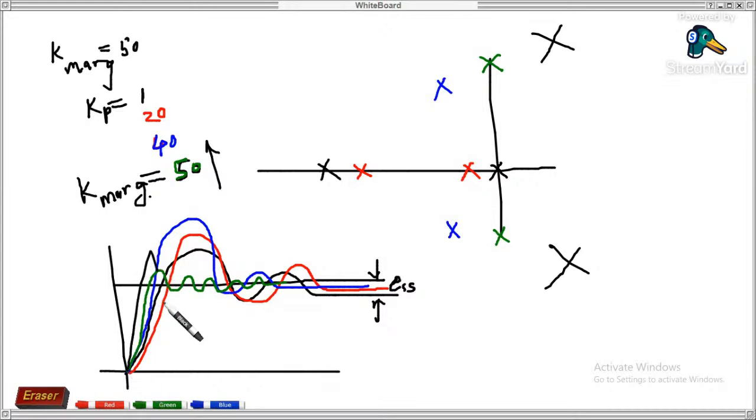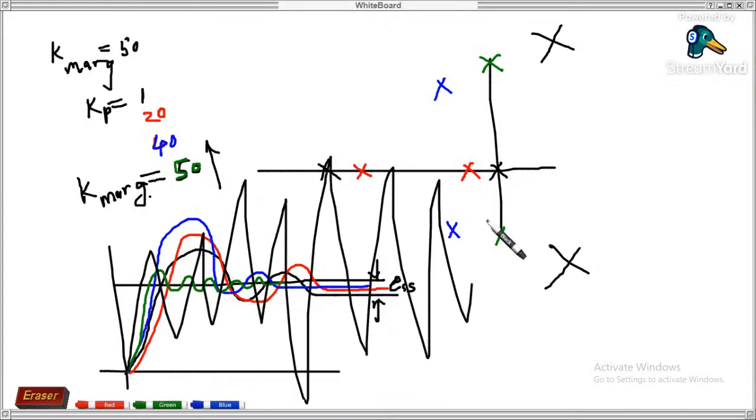You may get an output response like this, which is unstable. Right? So keep in mind, you can increase the value of gain K only up to K marginal. Beyond that, the pole will shift into the right half of the S plane and your system becomes unstable. Correct?